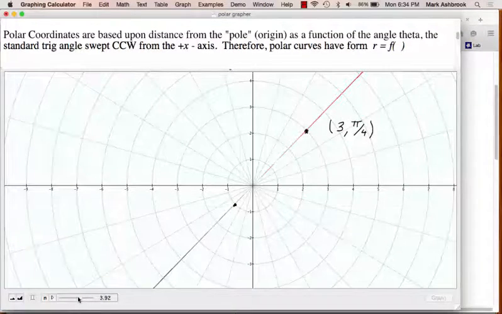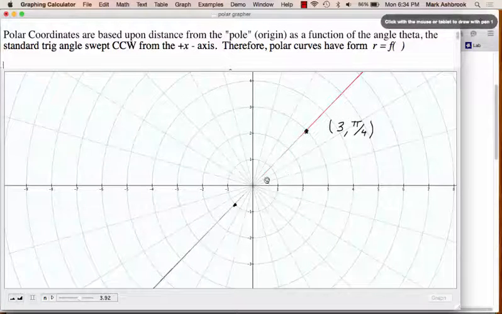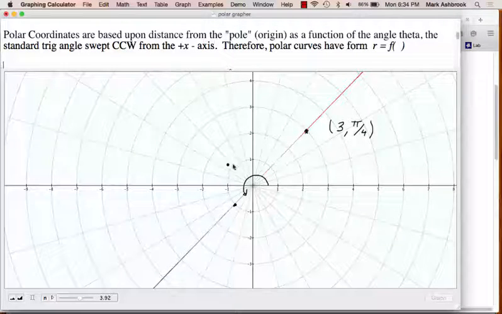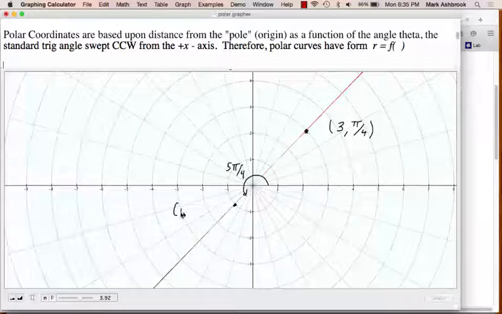That'd be 5 pi over 4. And then what's r? So there's 5 pi over 4 and 1, right? So the point 1 comma 5 pi over 4 would be the most obvious way to do this.